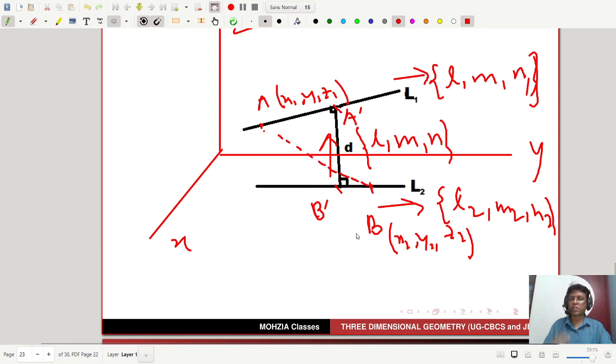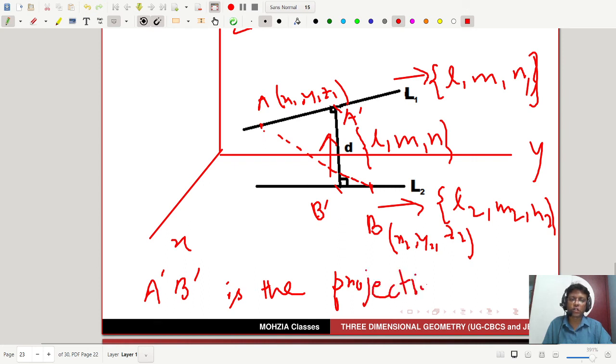You just try to imagine. A three-dimensional abstract concept is required. A prime B prime is the projection of AB. This is a very important concept in shortest distance. Projection of AB, actually.